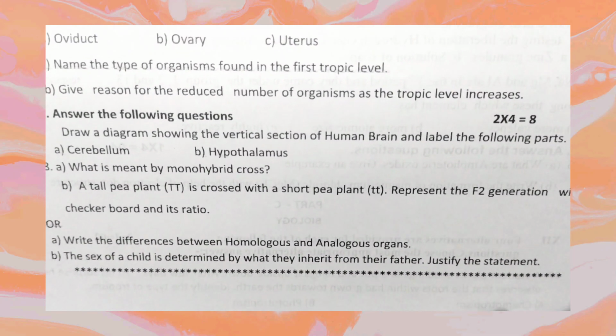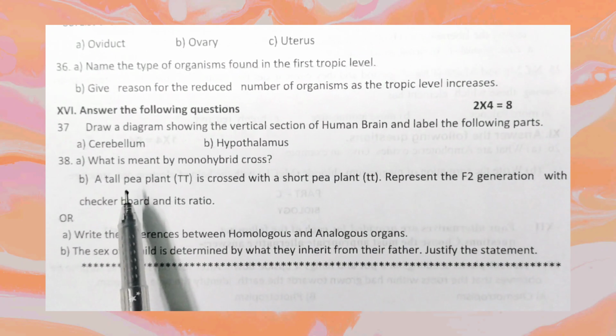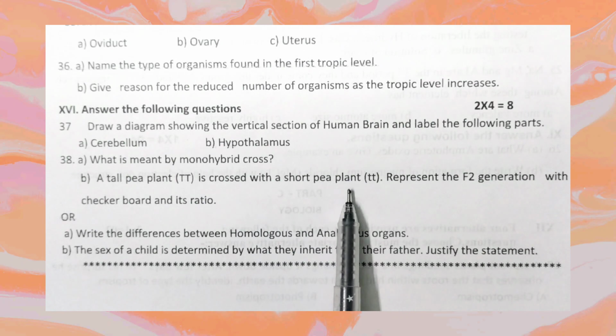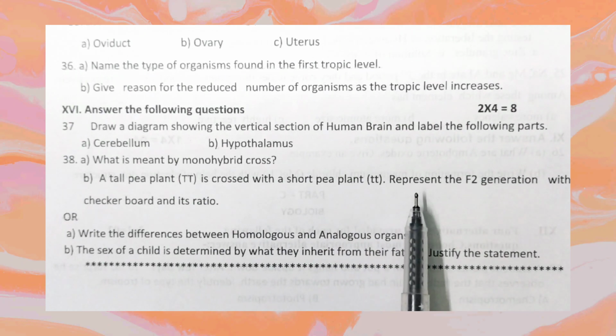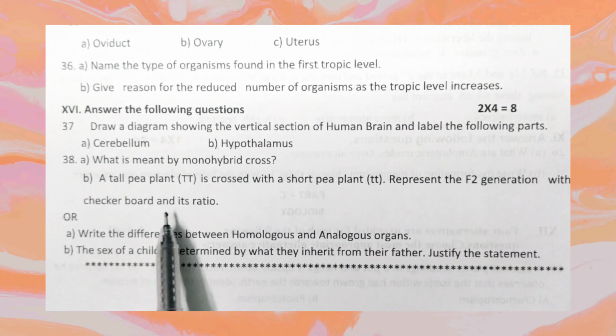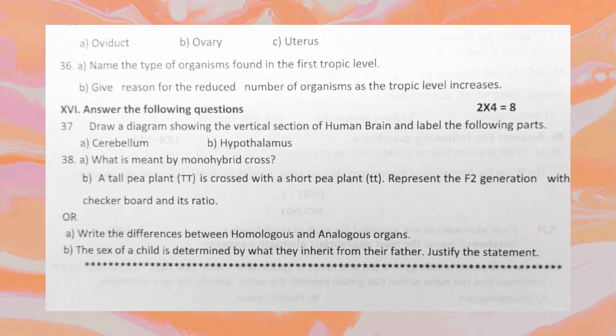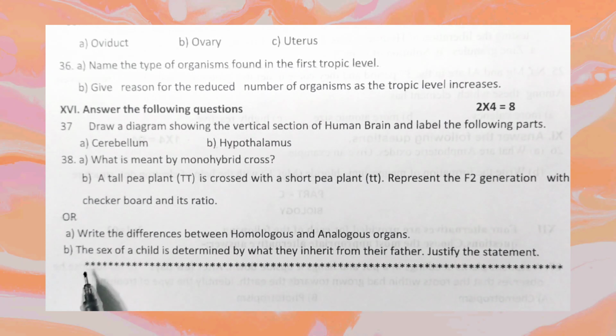A tall pea plant capital T is crossed with a short pea plant small t, represent the F2 generation with a checkerboard and its ratio. There is an internal choice question: write the differences between homologous and analogous organs. Or the sex of the child is determined by what it inherits from their father. Justify this statement.